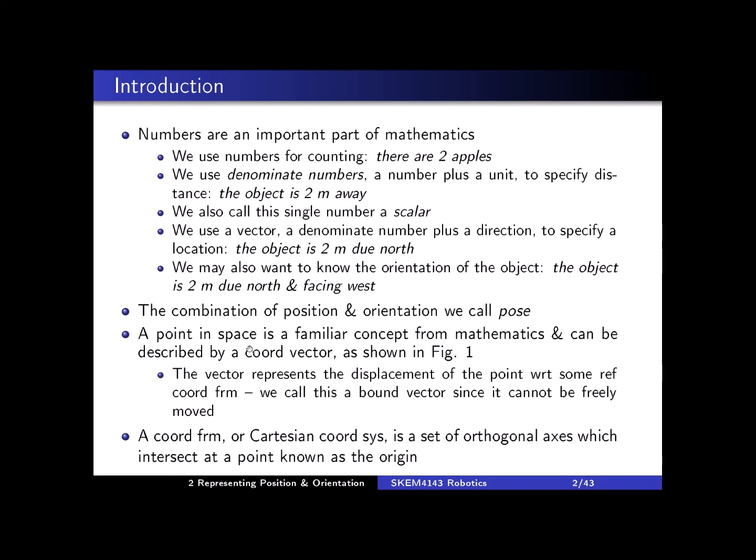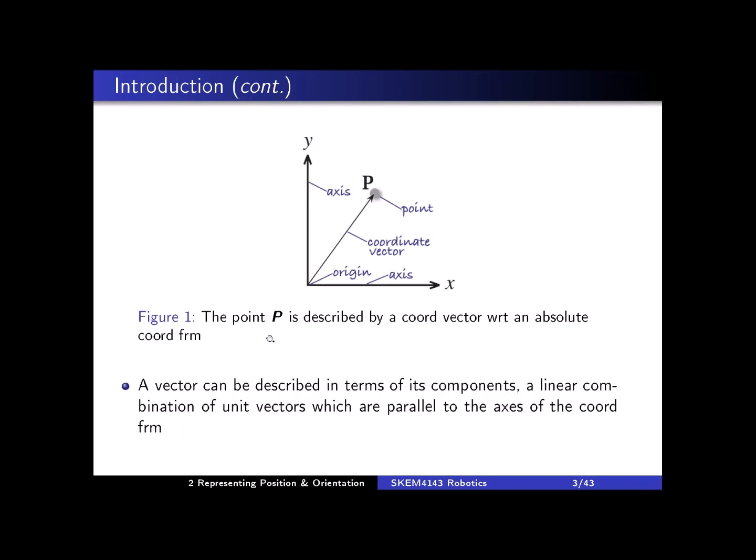A point in space is a familiar concept from mathematics and can be described by a coordinate vector shown in figure 1. So this is a point P described by a coordinate vector with respect to an absolute coordinate frame. This is the coordinate frame with x-axis and y-axis.